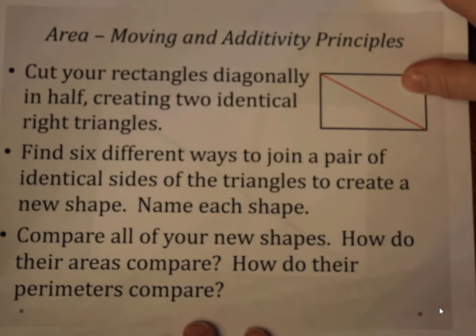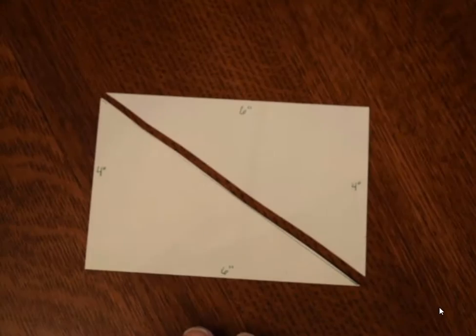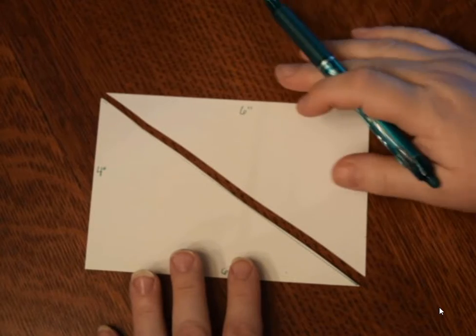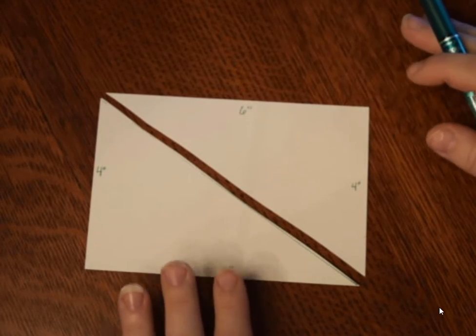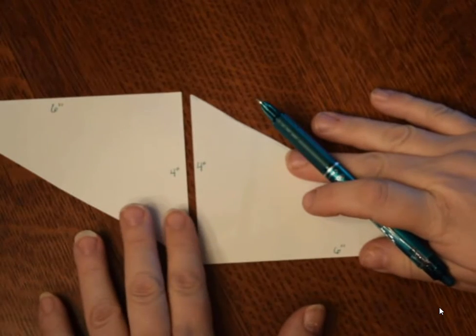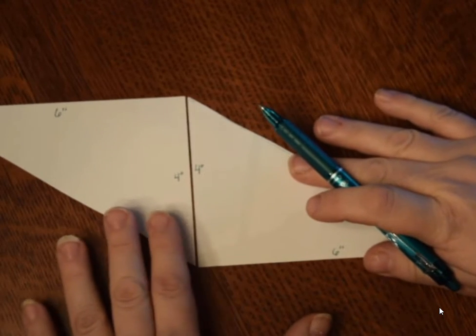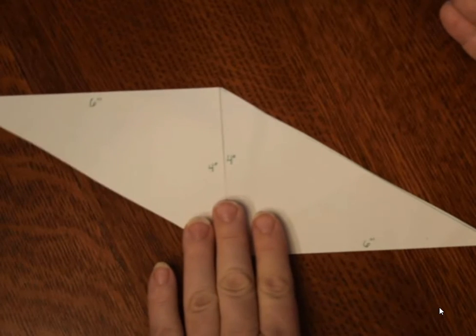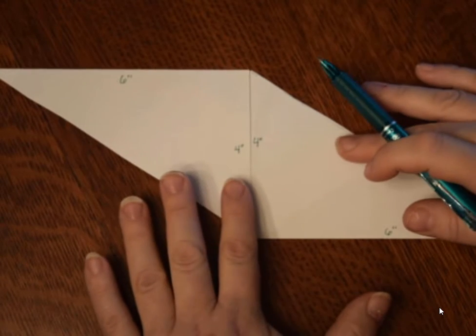How do the areas compare? And how do their perimeters compare? Well, if we want to talk about perimeters, one of the things that we could do is put them together, and I don't want to overlap because now we have a new shape.